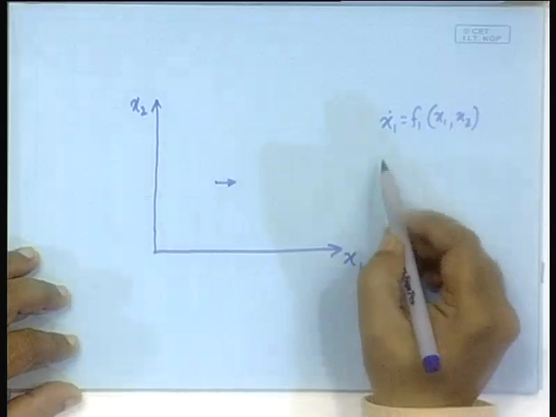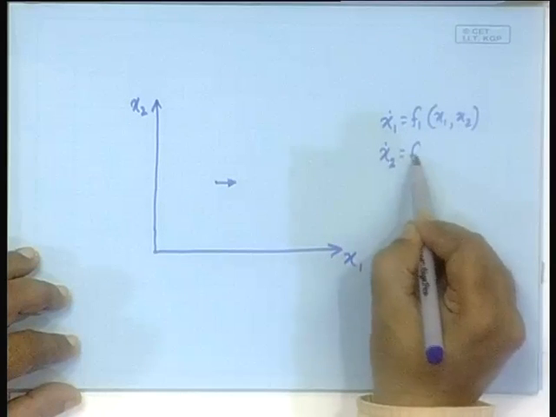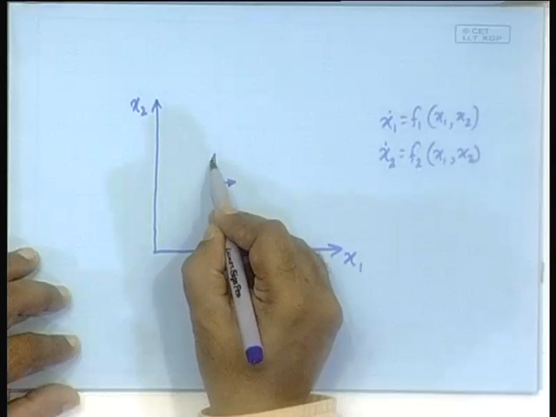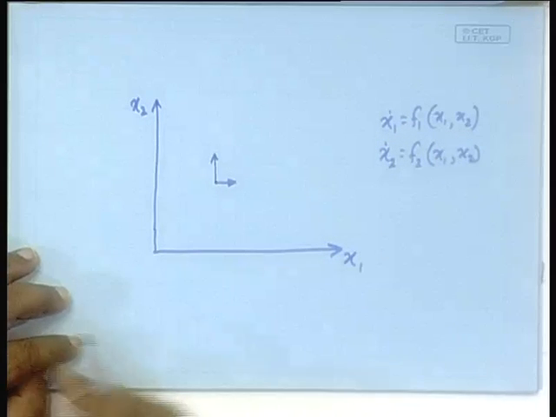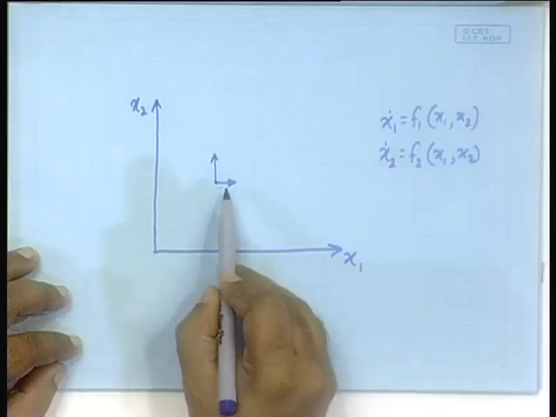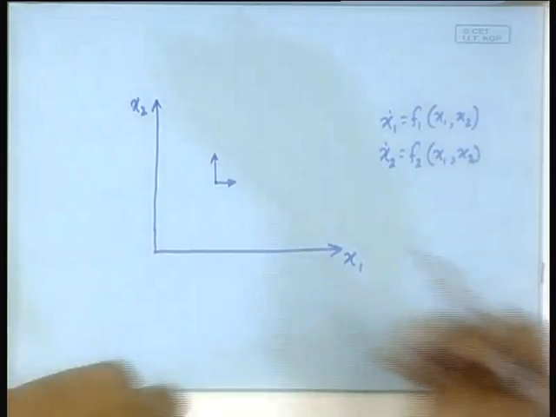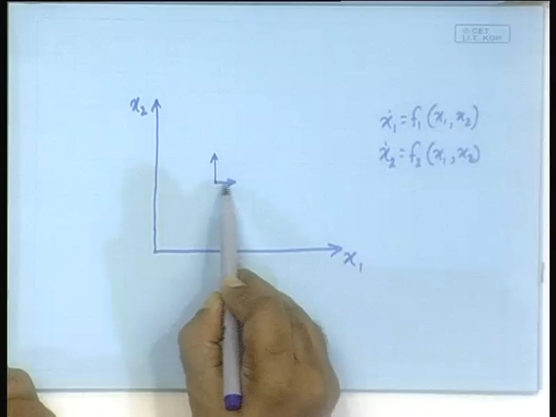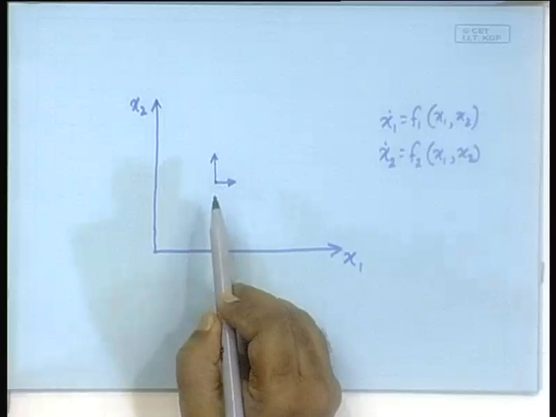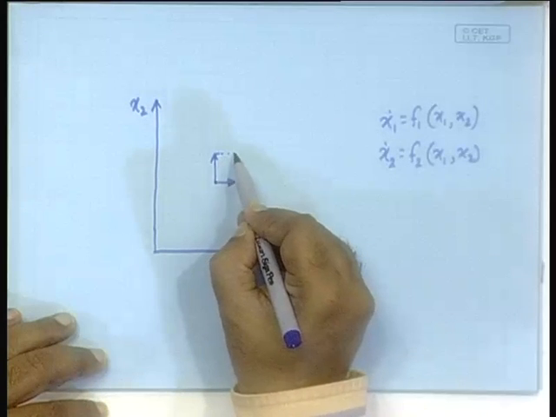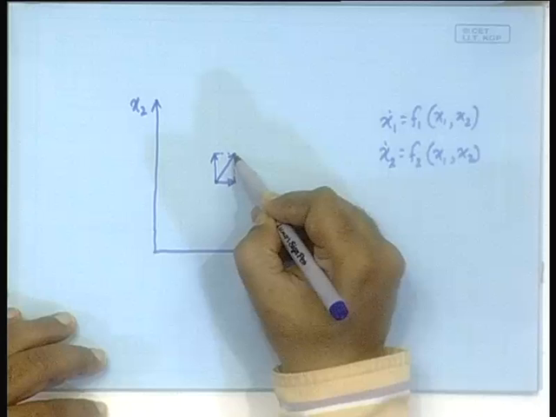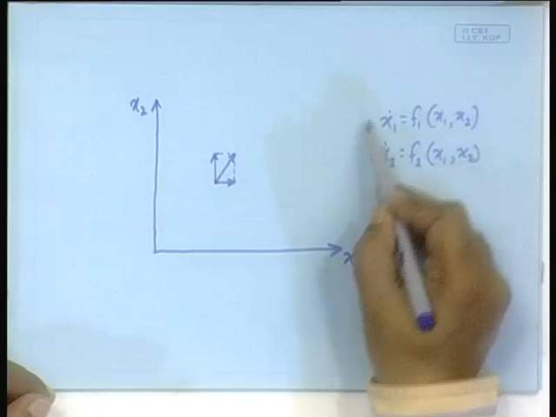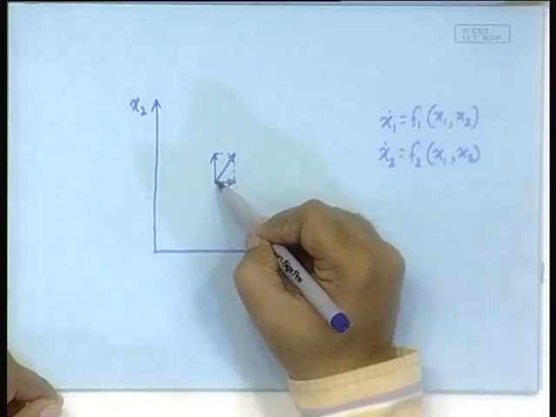Similarly, the equation x 2 dot is equal to another function of x 1 and x 2 will give this. Not only the direction, because x 1 dot means how x 1 changes with time, it could be this way or that way, and its magnitude will be given by the length of this vector. From this you could infer that in the next instant it would move in this direction in the state space. So, what effectively the differential equation has given is this vector in the state space.